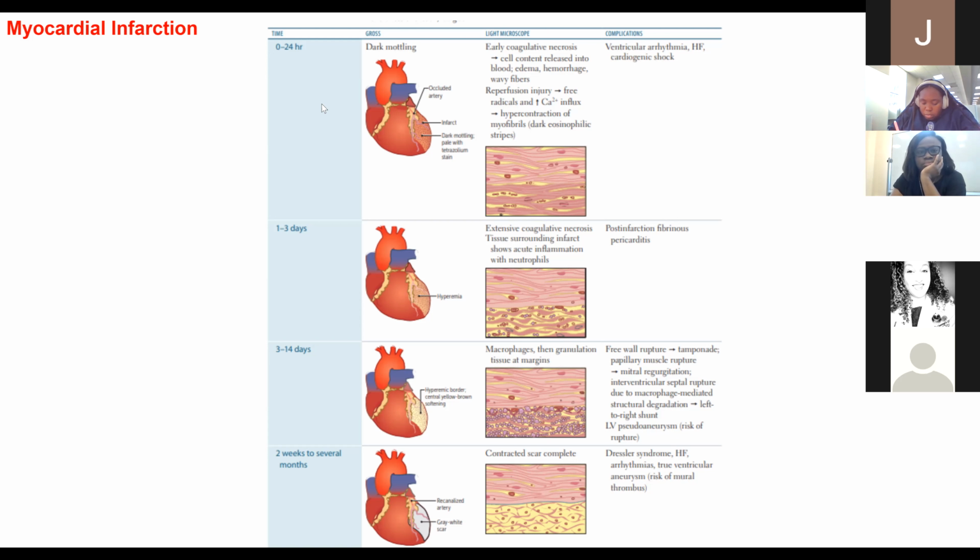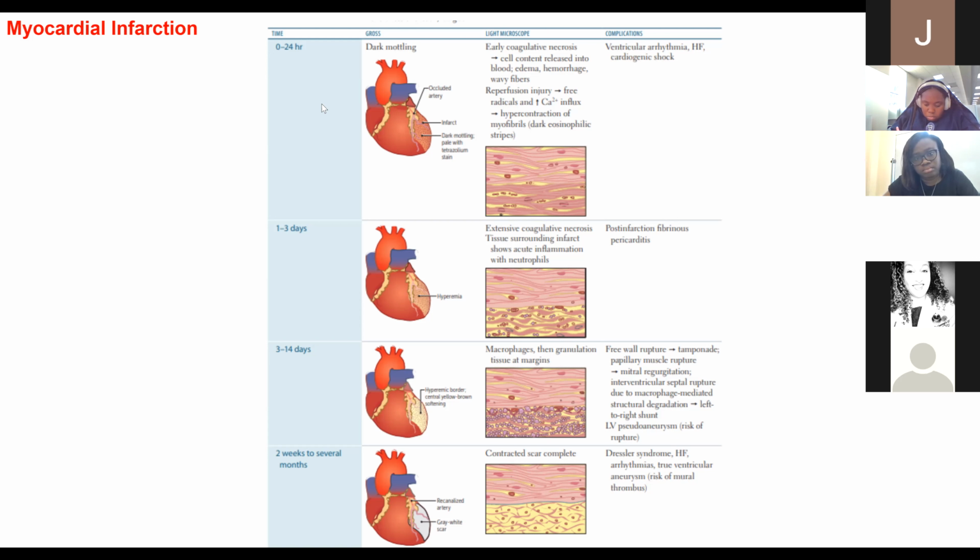Then you start to have your early coagulative necrosis set in. Sort of makes sense, right? When your cells are not getting the blood supply, they're not immediately going to call in their inflammatory cells and be like, hey, come and try and fix me. That's what inflammatory cells are trying to do, right? You're going to have the wavy fibers, sorry, because your myofibrils are getting distorted because they're not getting the nutrients.